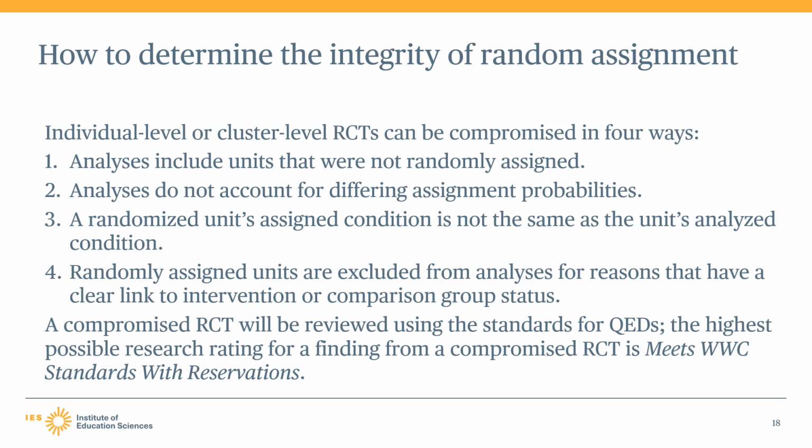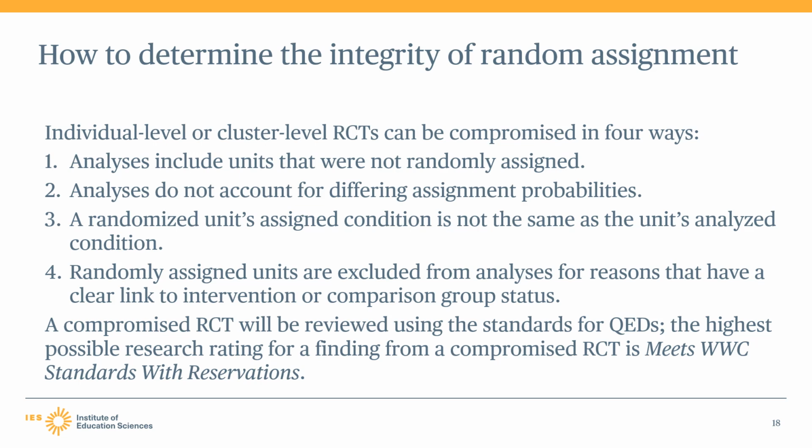As previously discussed, random assignment is considered compromised when an RCT does not meet the 2 criteria for well-executed randomization, namely that units are assigned entirely by chance and that each unit has a non-zero probability of being assigned to each condition. Compromised RCTs will be reviewed using the standards for quasi-experimental designs, or QEDs, which means the highest possible research rating for a compromised RCT meets WWC standards with reservations.